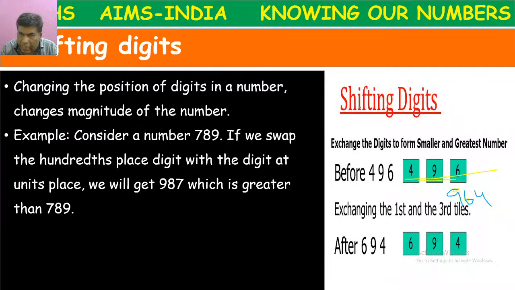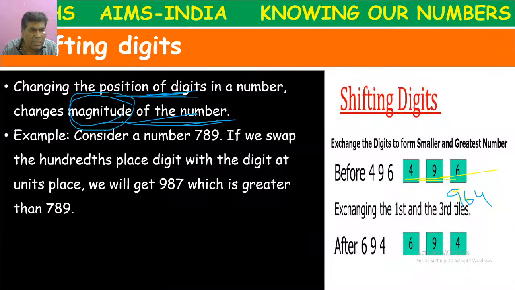By interchanging the digits, we can change the value. By changing the position of digits, we can change the magnitude of the number. Already I have told, magnitude means the value of the number. So consider the number 789. If we interchange, it will turn into 987. It is called a swap: shifting or swapping the digits.